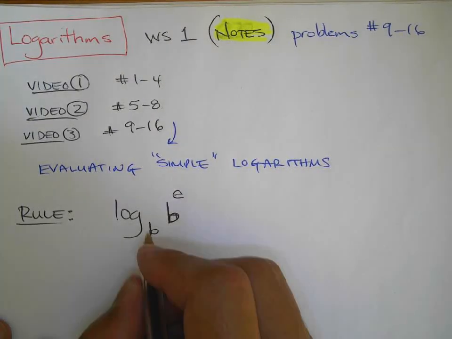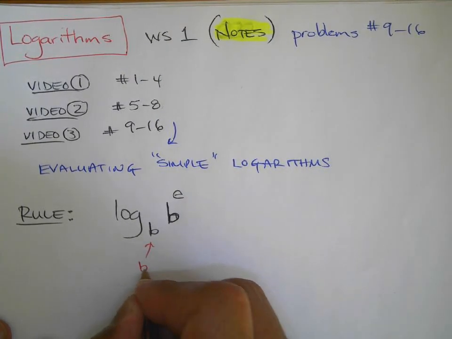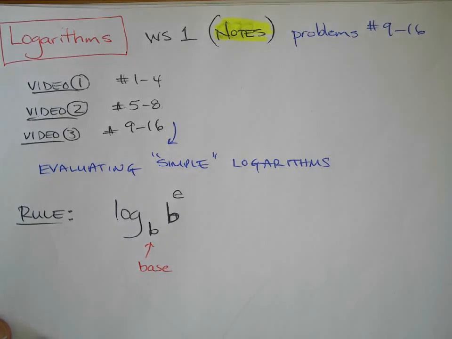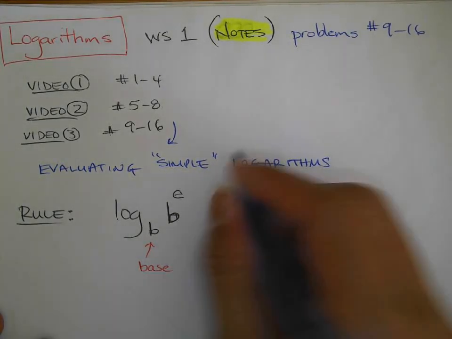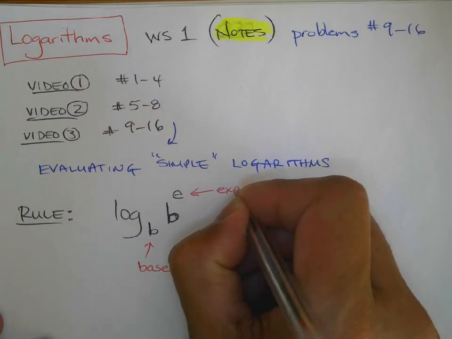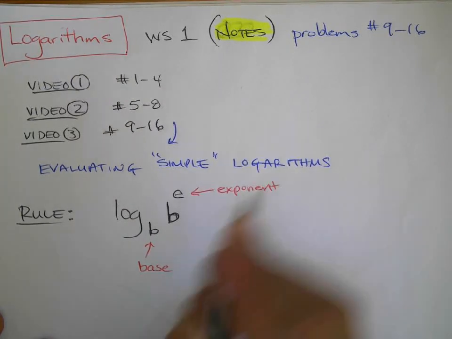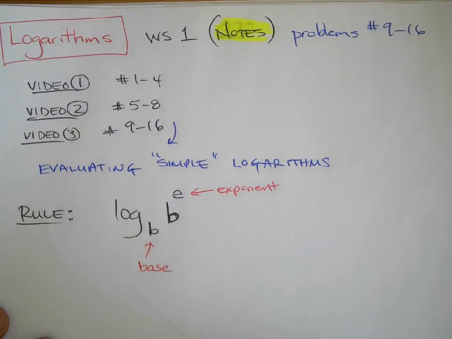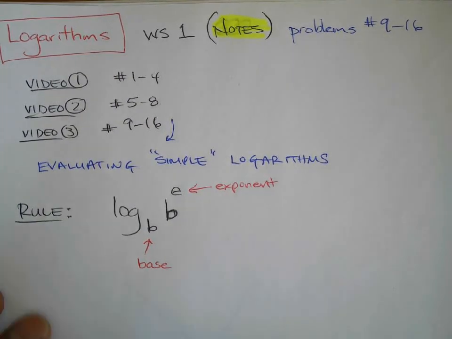If this is the base, that's a base. We know this one's the exponent. E, I picked E for exponent. I know it's hard to make sense of this when it's just letters. When I put numbers, it'll make sense.